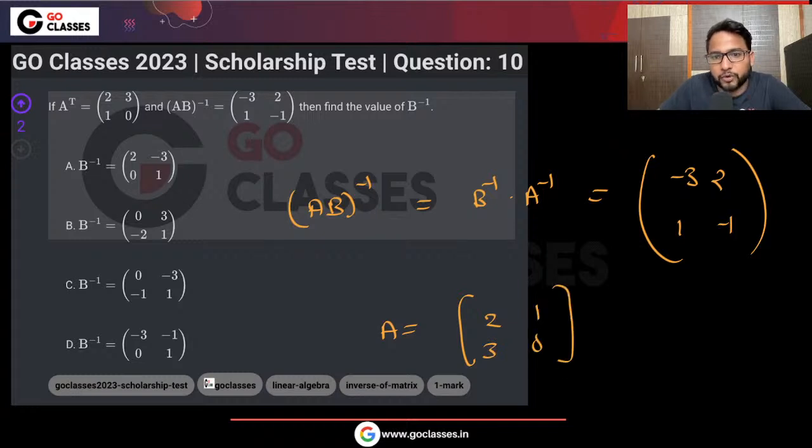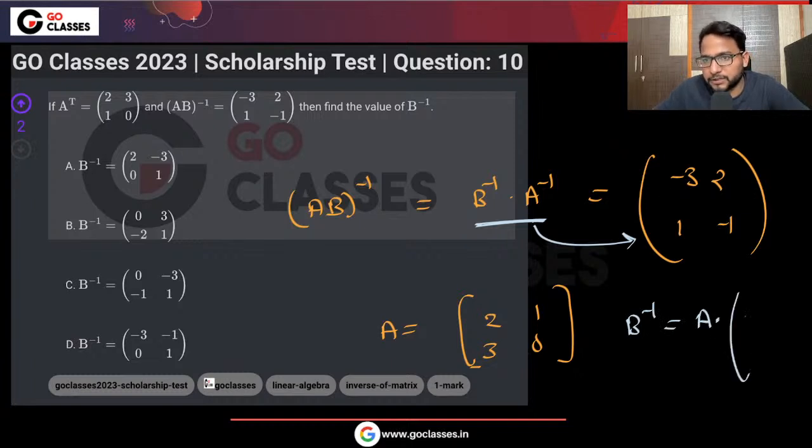They are asking for the B inverse. So you can try to find the B inverse by multiplying A here. B inverse is nothing but A into this particular matrix, which is -3, 2, 1, -1. I think that is the way.